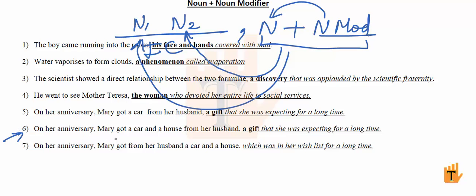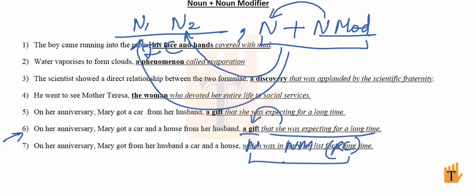On her anniversary, Mary got a car and a house from her husband, a gift that she was expecting for a long time. Now, a gift is the noun, and that she was expecting for a long time is the noun modifier, which is used for a gift, which is actually a relative clause. And this entire noun plus noun modifier modifies.